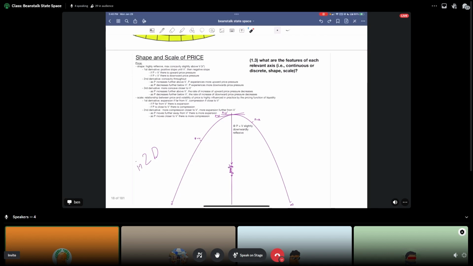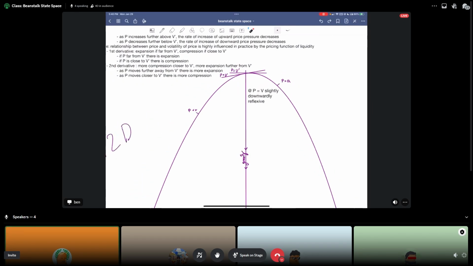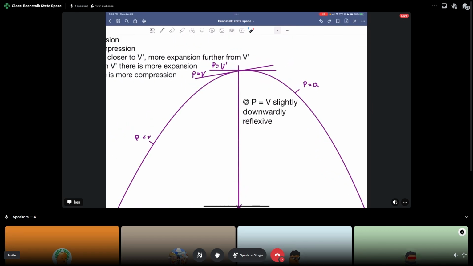And what is the intuition for why this is what it looks like? Well, let's just break it down. At V, there is no minting. So there's still some sort of natural downward pressure on Beanstalk.